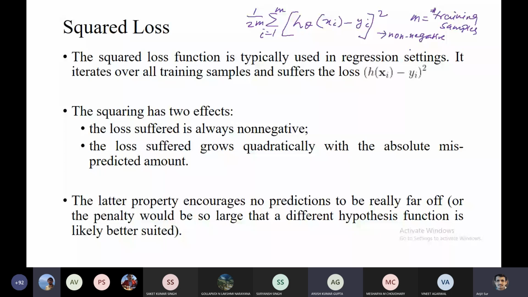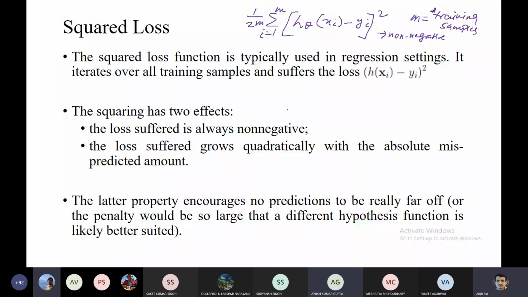The latter property encourages no prediction to be really far off, or penalties would be large. That is very easy to understand because it basically increases the loss in a quadratic fashion. So if there is a big loss, it grows quadratically. Okay.